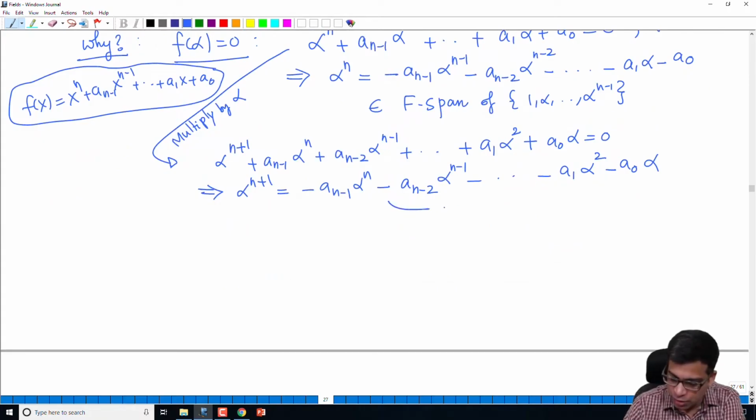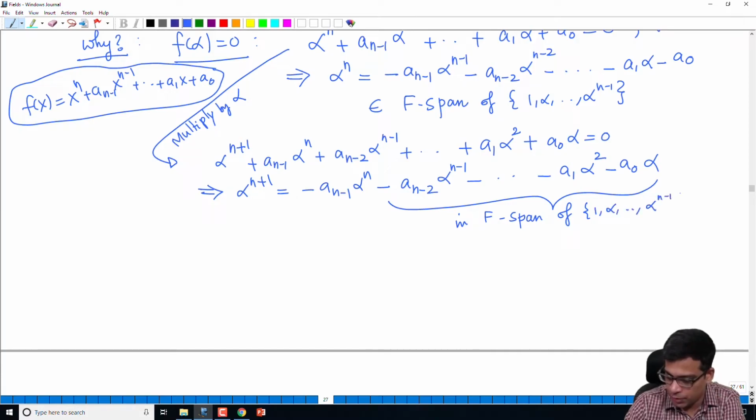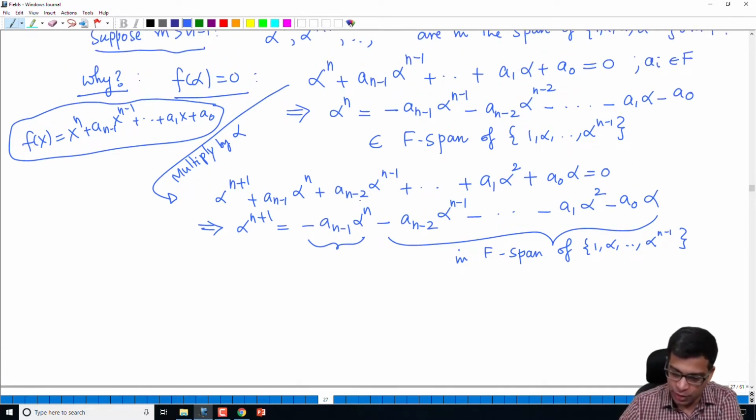Now look at this. These terms here are already in the span of 1, ..., alpha^{n-1} by definition, because the only powers there are up to alpha^{n-1} and the coefficients are already in F. The alpha^n term a priori is not there, but we just proved that alpha^n is in the F-span of this set. So this is also in the F-span of our set.